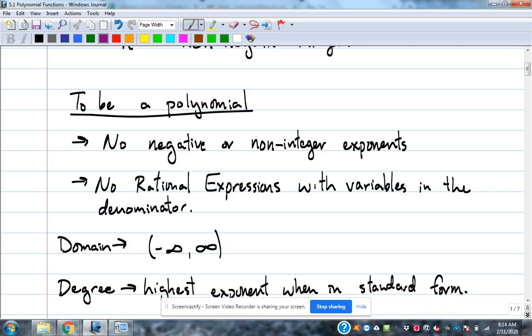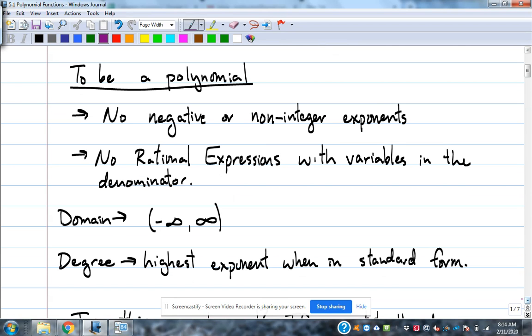Range is going to be dependent upon the polynomial, just like a quadratic was, depending on where the vertex was and what direction it opened. All of those things, depending on the equation that we have, change the range, but the domain is consistently negative infinity to positive infinity.